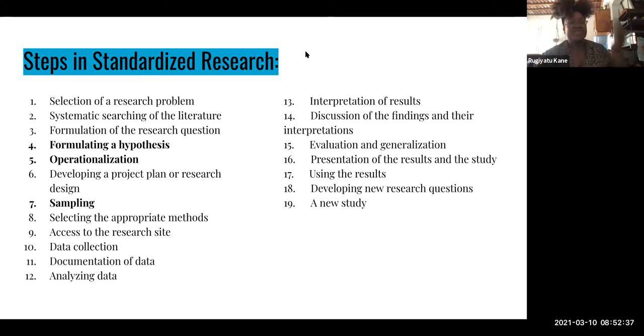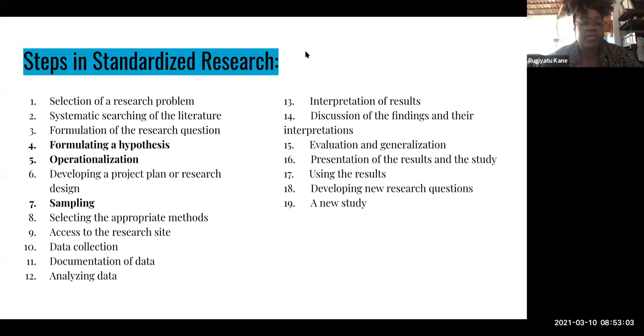So after your step 4 hypothesis, you have an operationalization of your study. So this is where you are putting it in place and you are carrying it out. So with that, you need to develop a project plan or a research design. You need to sample. So you can't test an experiment on the whole population, but perhaps a portion of the population. And with sampling, you want to look at different elements such as representativity.